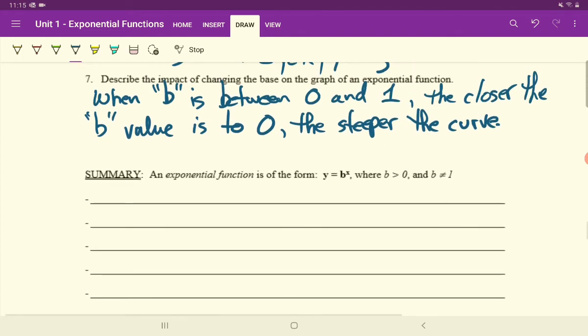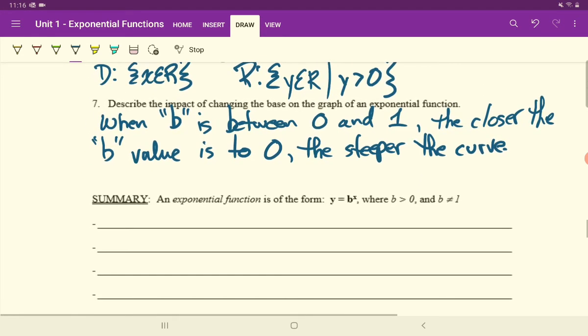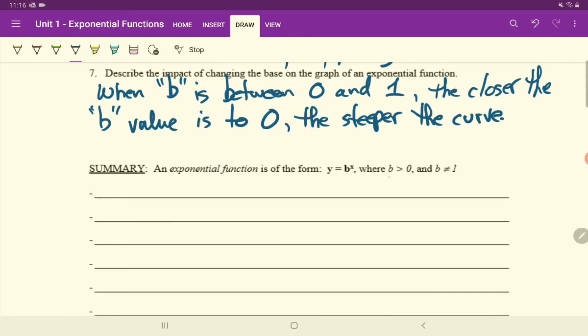All right, so maybe we should take a minute now and just summarize everything that we've looked at here. So for y equals b to the x, where b has to be greater than 0 and cannot equal 1, we have found that the y-intercepts, and this is strictly for y equals b to the x, there's no variations of this from last year.